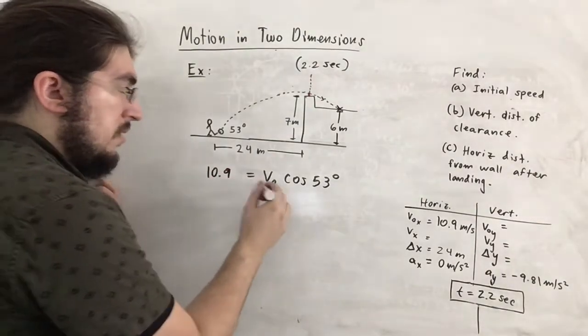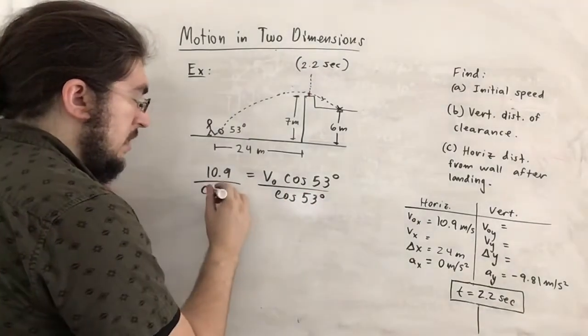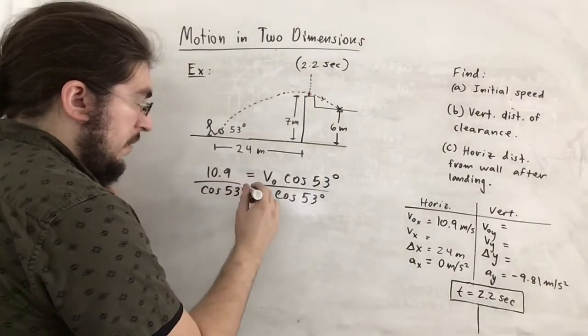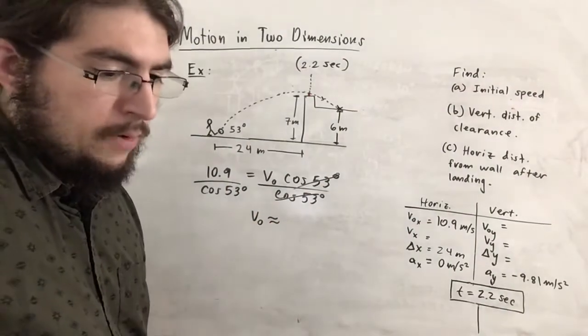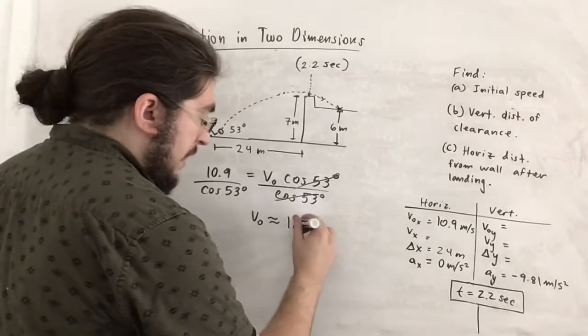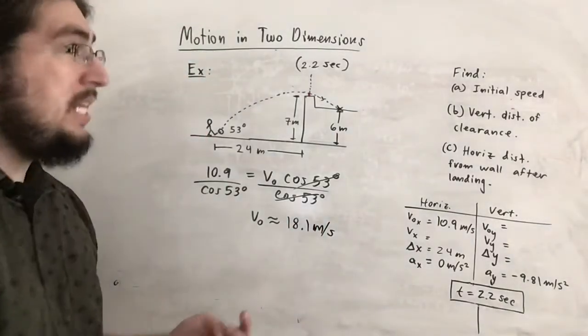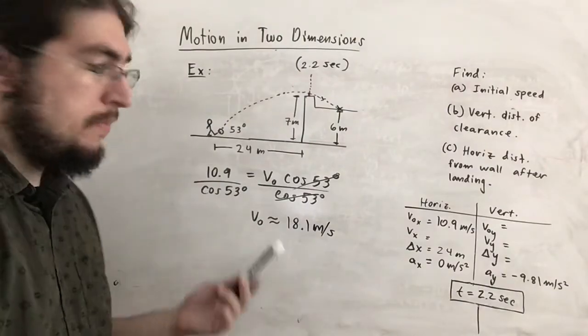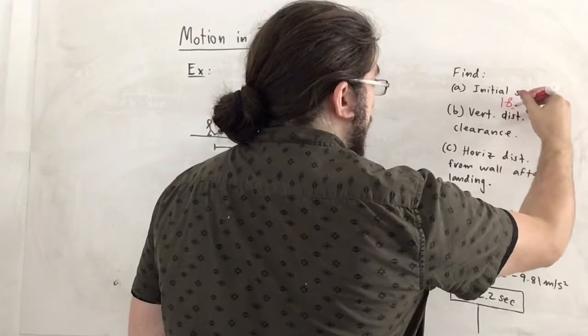So we can just divide both sides by cosine of 53 to find v naught. Let's plug this into our calculator. All right, I got about 18.1, in meters per second because it's a velocity. This is the initial speed, the magnitude of the initial velocity, so that is our answer for A.